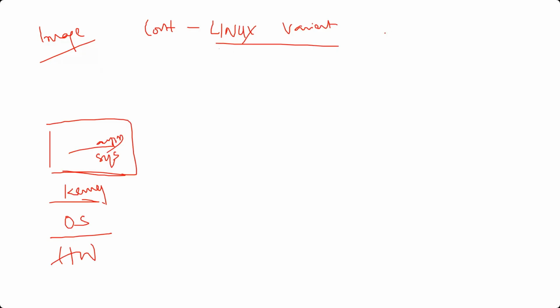If you look at Linux, there are so many Linux versions. You have Ubuntu, you have Fedora, you have Plume, I guess. And is there any other Linux operating system you know, apart from Ubuntu, Fedora, Plume?